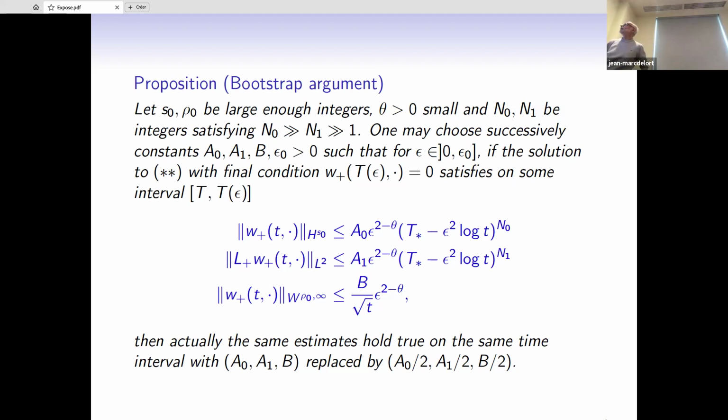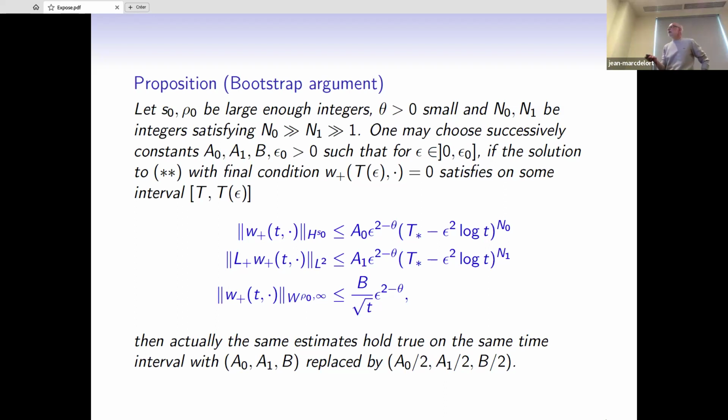And using the equation, you prove that actually they hold true on the same interval, but replacing the constants by half of them. And so then, when you have done that, you may push your capital T down up to T equals 0.